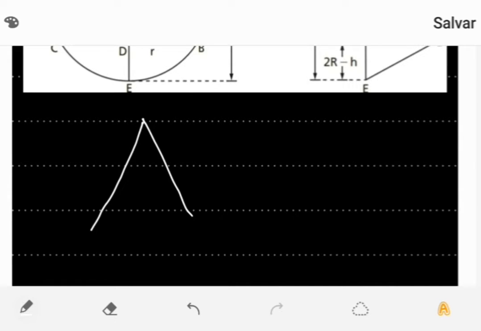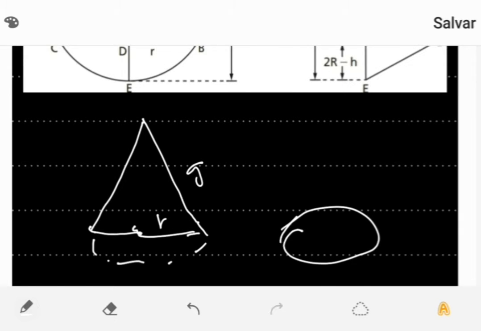let's say we have a cone over here, okay? I'm going to call this side over here G, okay? The radius of the base is R, right?